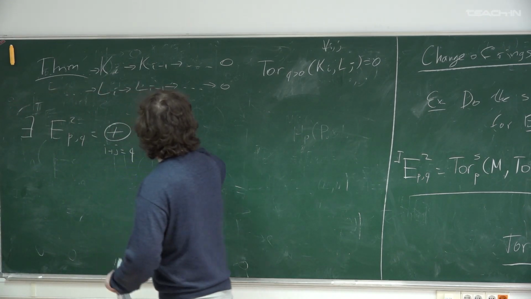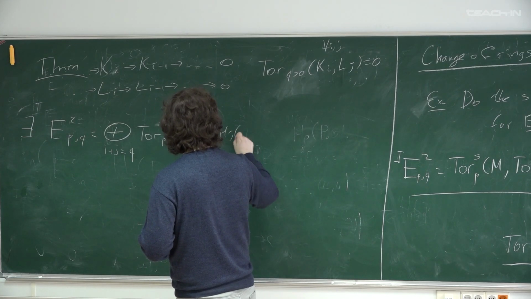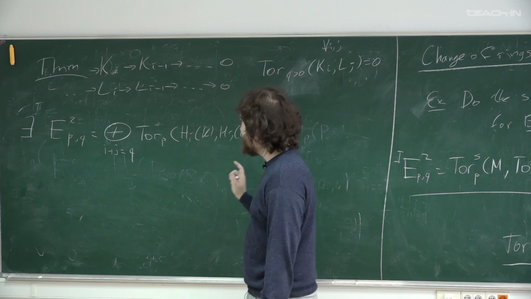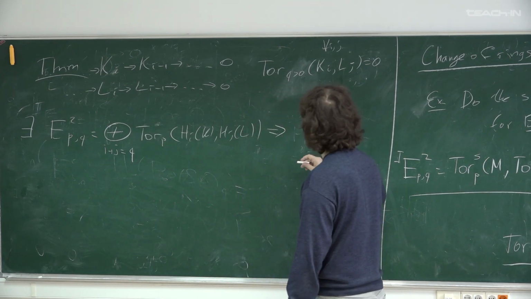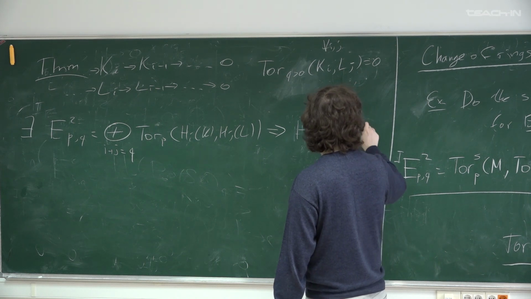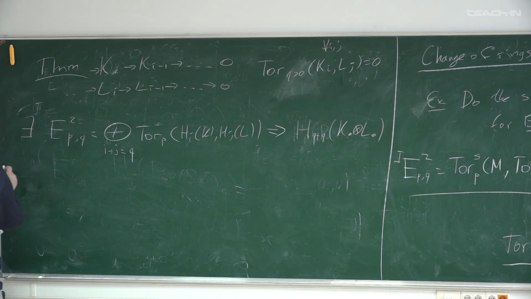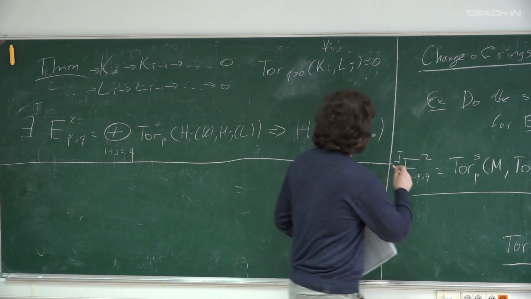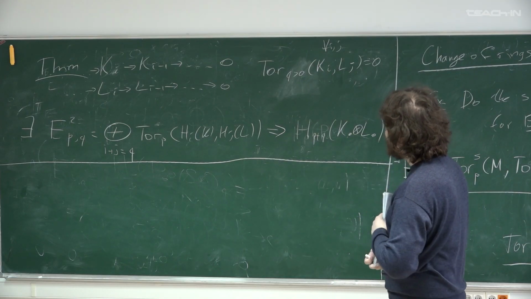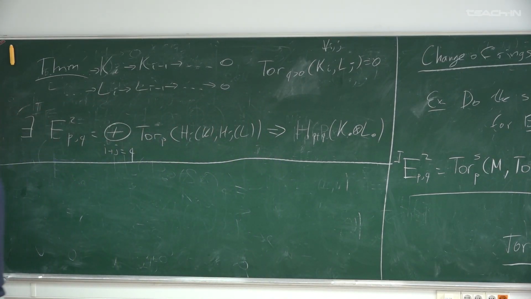These chain complexes are infinite to the left, bounded below, like projective resolutions. For example, one of them is of flat modules, then there exists a spectral sequence of this form. It's all over one ring. You can compute homologies, and if you consider Tor between homologies, then this spectral sequence converges to the homology of the tensor product of these two chain complexes. If you want to compute the homology of chain complexes, if these chain complexes are not very bad to each other, then you have a spectral sequence which starts from Tor between homologies. Okay?